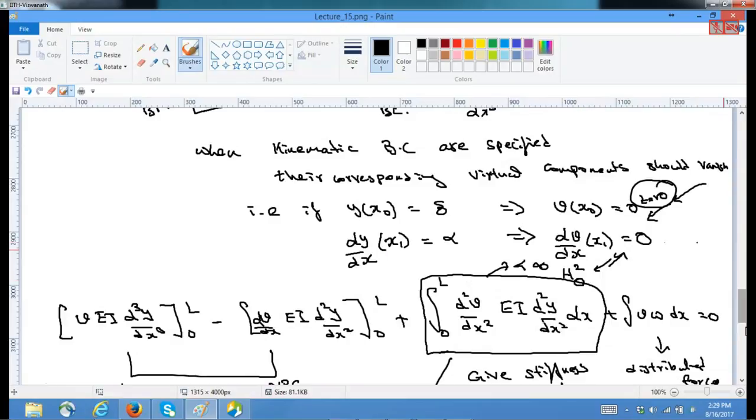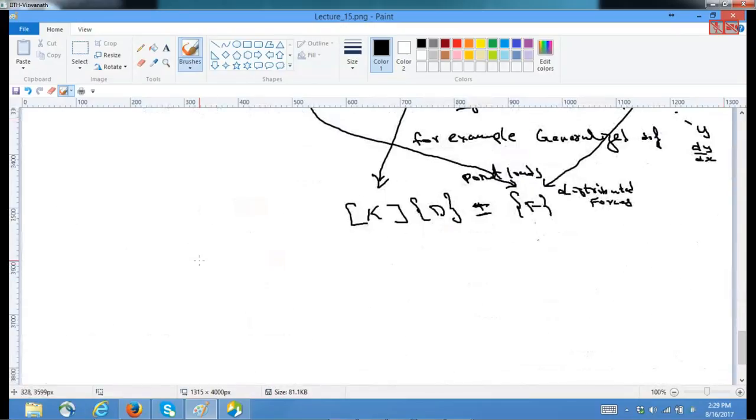So our virtual displacement V should belong to Hilbert space 2 with homogeneous conditions. That means wherever U is mentioned, wherever Y is mentioned, and wherever the generalized degrees of freedom are mentioned, the corresponding generalized virtual degrees of freedom should vanish. That is called H2 0.